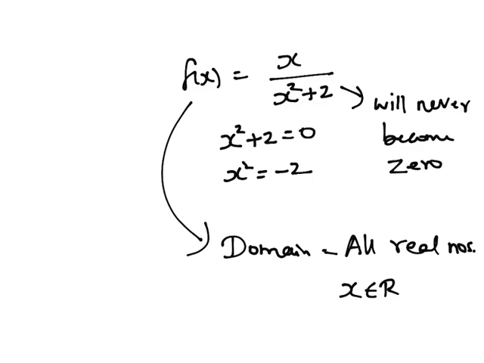Okay, so a final example of a rational function, then we'll move on to the next type. So let me take f of x equal to x over, let's say for example, x cubed minus 8. Now I want to find the domain of this function. So again, if it is a rational function, consider the denominator.